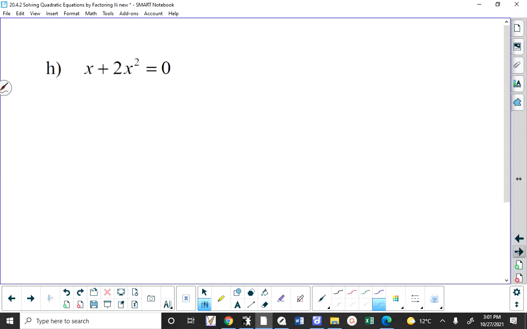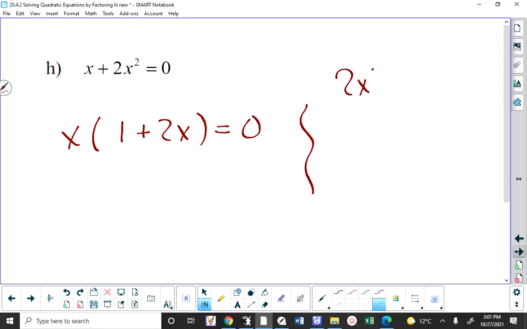Final question. Well, take out an x. Factor out an x. There's an x in each. Maybe some of you might be more comfortable writing it this way and taking the x out. Some of you might want to see that x squared term first before the x terms.